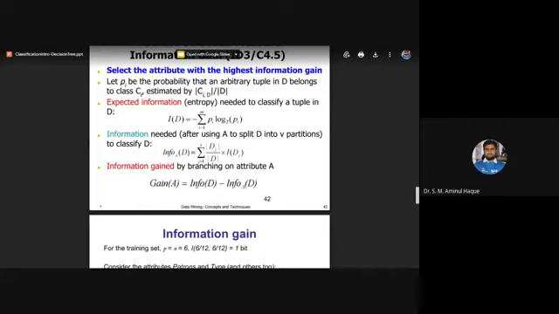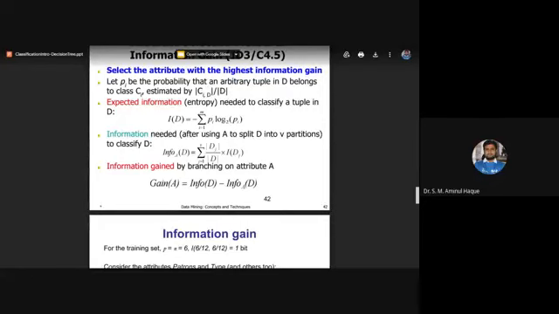Now, what does this formula say? This is a kind of summation, i equal to 1 to m. And what is m? Anyone tell me what is m? The summation is over i from 1 to m. This m is the number of classes.